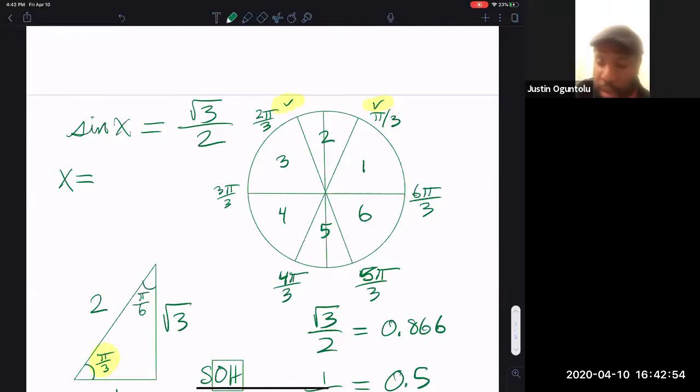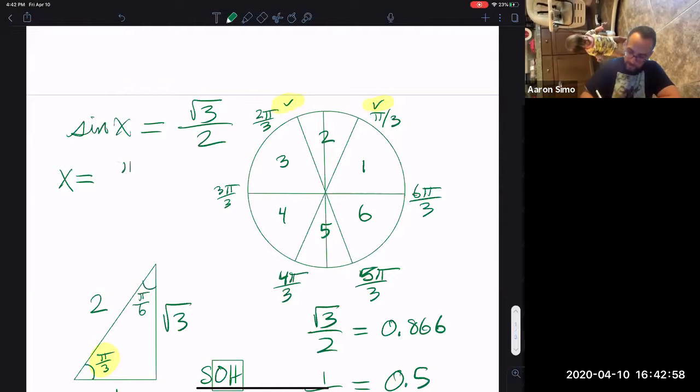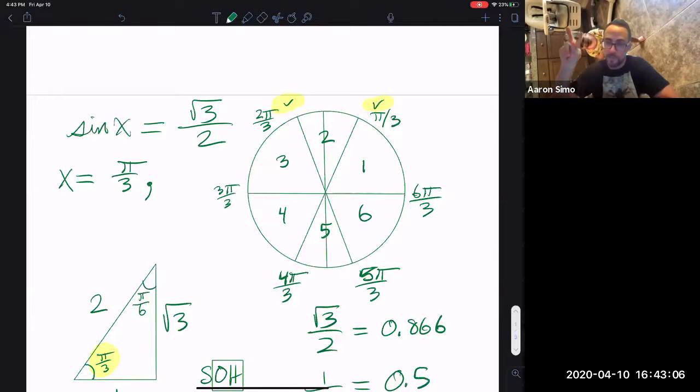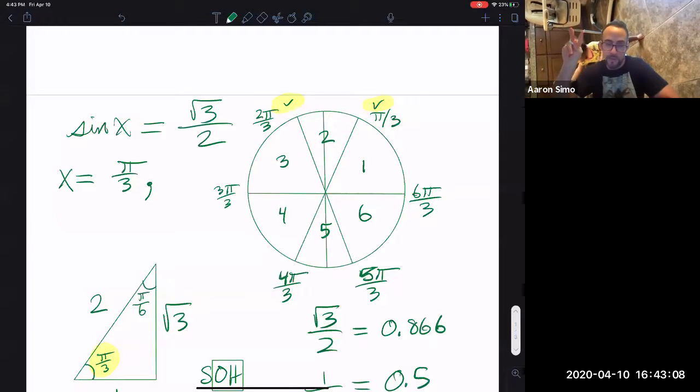I thought it was just pi over 3. Okay. It is. Pi over 3 and what? Oh, the coordinate, right? It's at 2 places. Sine x equals √3/2 at 2 places.